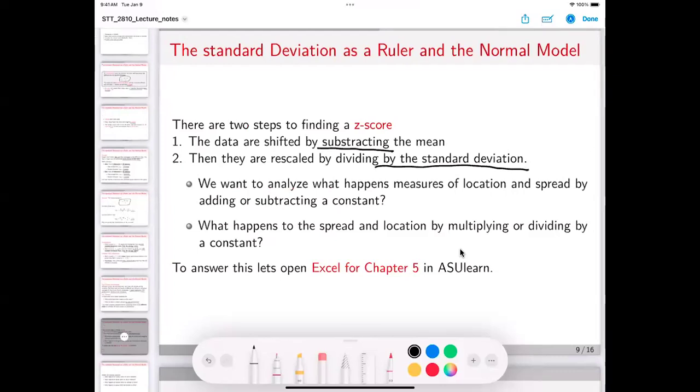And so we want to be able to analyze what happens to the measures of location and spread when we add or subtract a constant. And so in view of that, go to As You Learn and then go to week 3 and then open this Excel file. As You Learn week 3, you see this Excel file there.